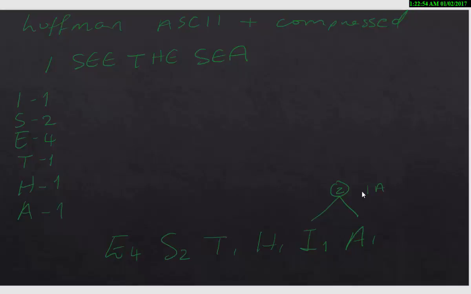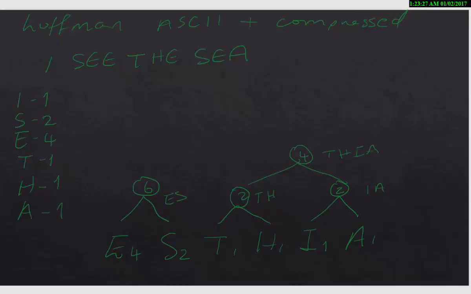Remembering it's a binary tree, so we have to use just 2 branches per node. So that's TH, and we can join these together to make a THIA node, which comes up to 4, and then we join these together to get 6, which is for E's and S's, and we've already got a branch going on there.